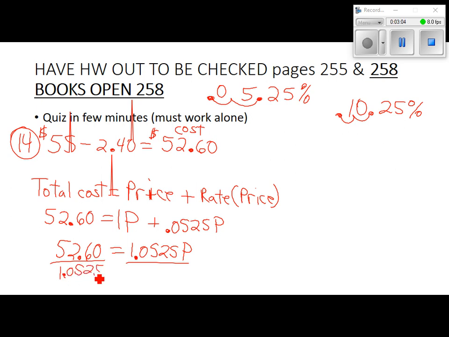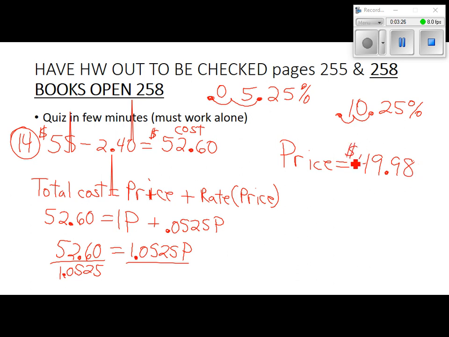Somebody do that for us. $49.98. That was the price of the item.